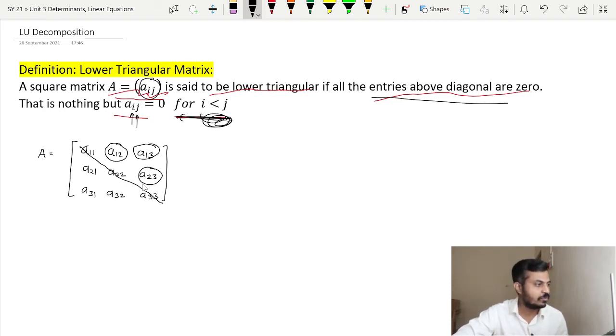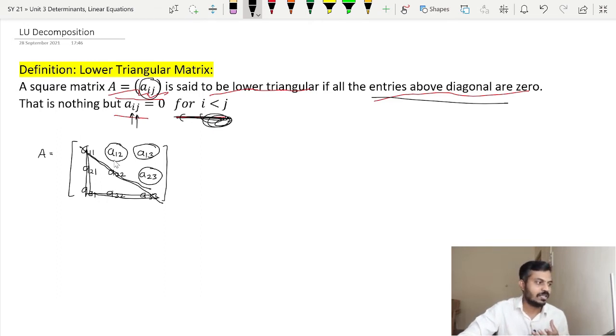Now the question is how to remember it. Remembering is simple. In a square matrix, why is the word triangle used? There might be some reason, right? If you focus on these entries over here, you can see that these entries may be present in our lower triangular matrix, and these entries form a triangle.